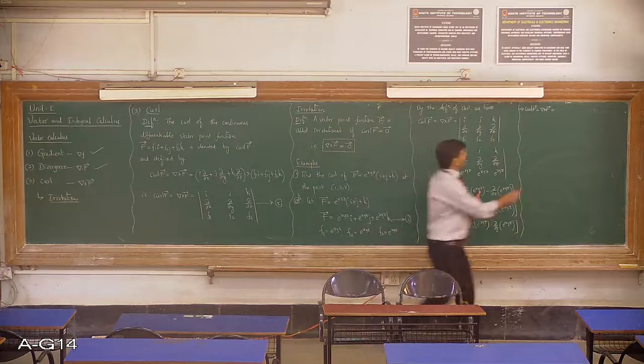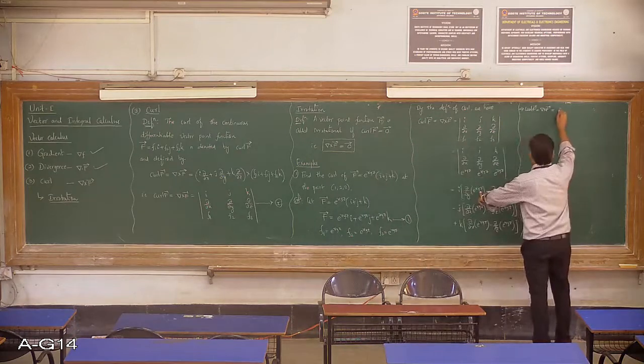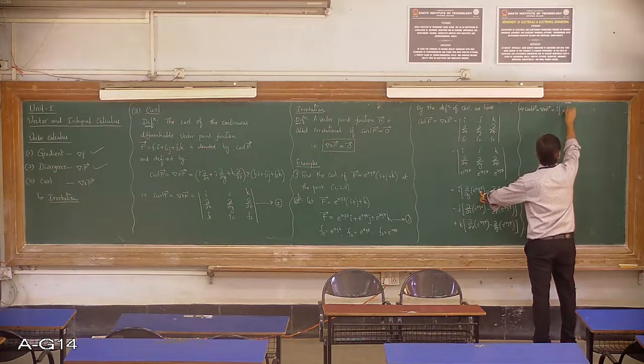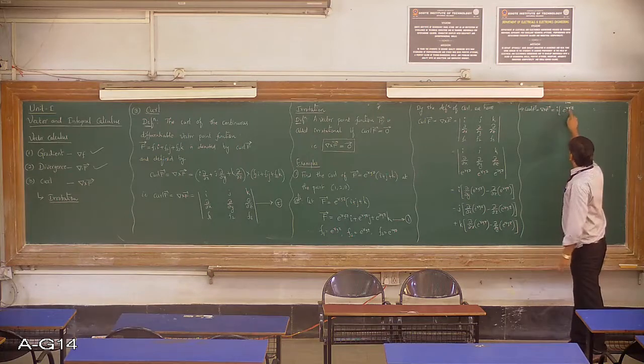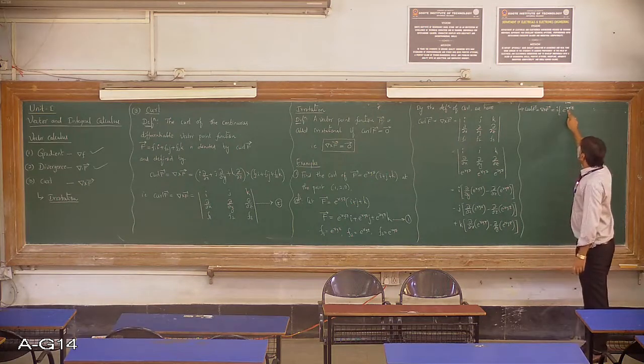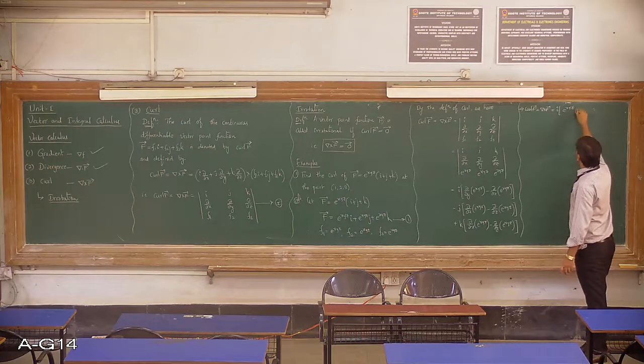Then what we'll get, the exponential function will remain as it is, that means e to the power xyz, and next x and z are treated as constants which are there with this y. So therefore here we'll get xz, because with respect to y we are doing.